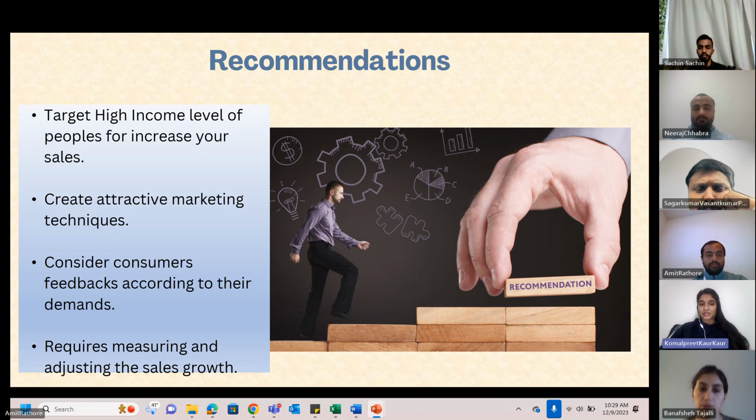The second one is to create attractive marketing techniques so that we can earn more profit with less expenditure. The third one is to consider consumers' feedback according to their demands so that we get to know their demands and needs. And the last one is measuring and adjusting the sales growth.